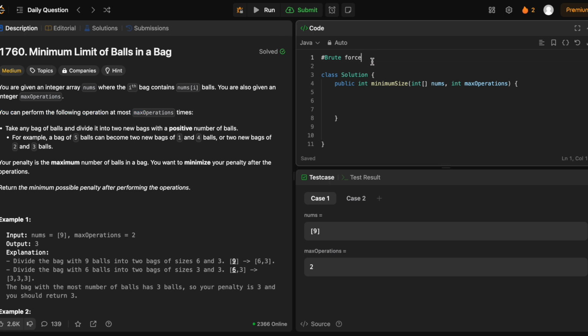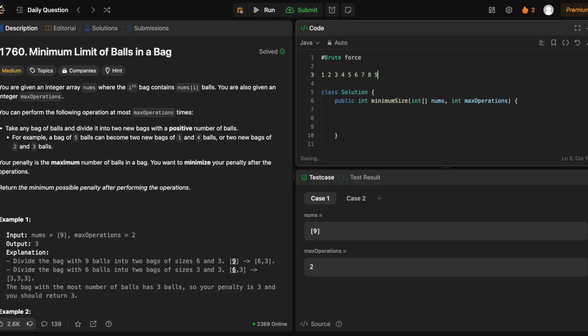In this case, we get the max number in our array nums, which is 9.